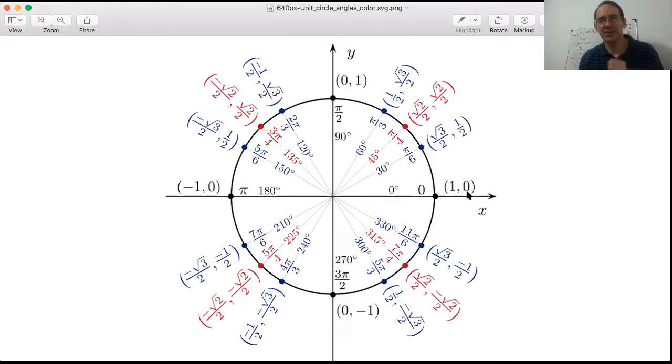Okay, so if this is 0 and halfway is pi, then a quarter of the whole circle, which would be halfway to the halfway, or half of the 180, is actually half of the pi.